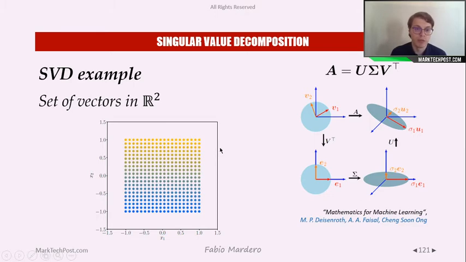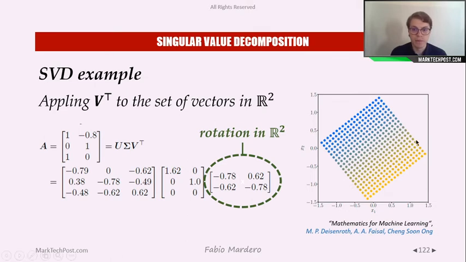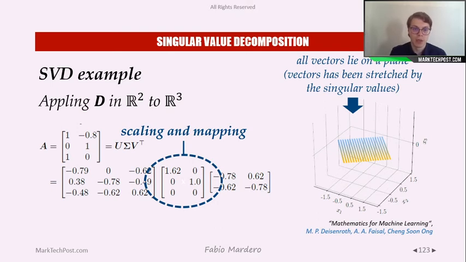So let's take a set of vectors in R2. We then apply the V transpose matrix. What we are doing here, this is the result, is a rotation on the 2D space. We then apply sigma. There's an error, excuse me. This is sigma, not D. We are applying sigma, which scales the vectors and maps the 2D vectors into a 3D space.